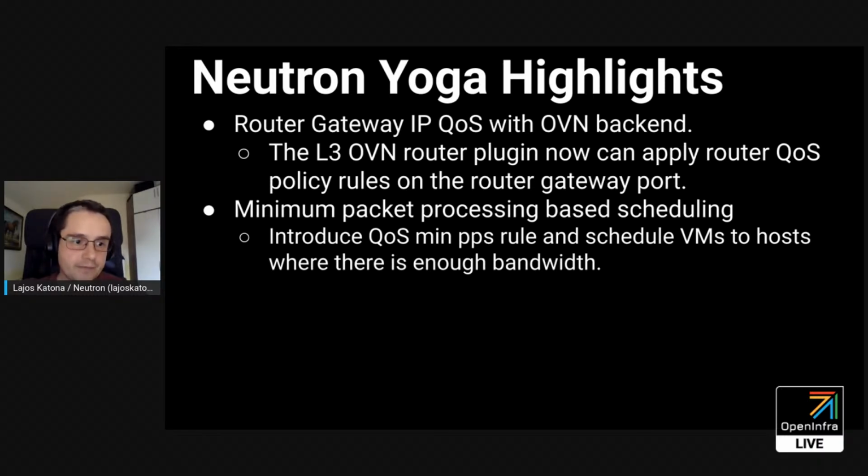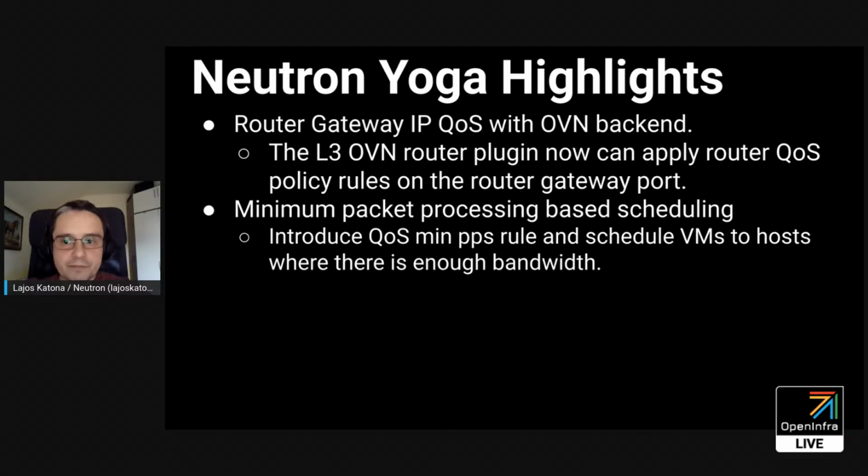Now you can define quality of service with minimum packet per second, and you can schedule your VMs to hosts which have enough bandwidth in packets per second for that VM. It's really cool stuff. With this you can have even more granularity to schedule your VMs only to hosts where you have enough capacity and bandwidth.